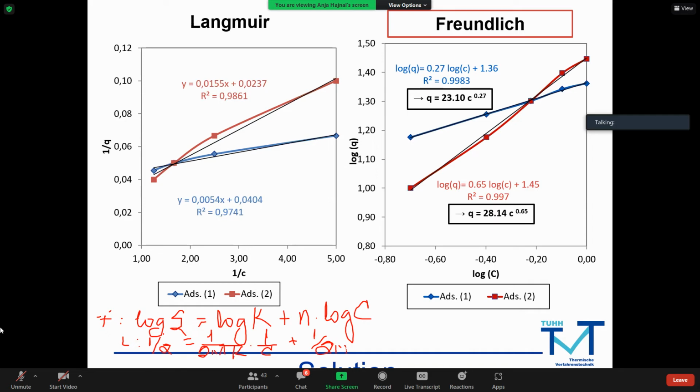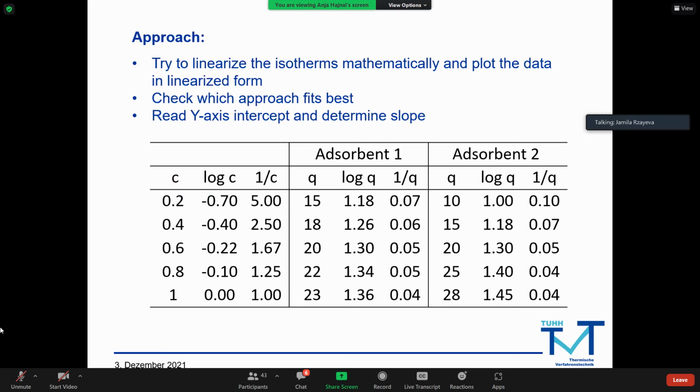Excuse me, could you please explain how you calculated 1 over q, like on the previous slide? Could you please go back? I will try to go to my previous slide. Here, you have it given.